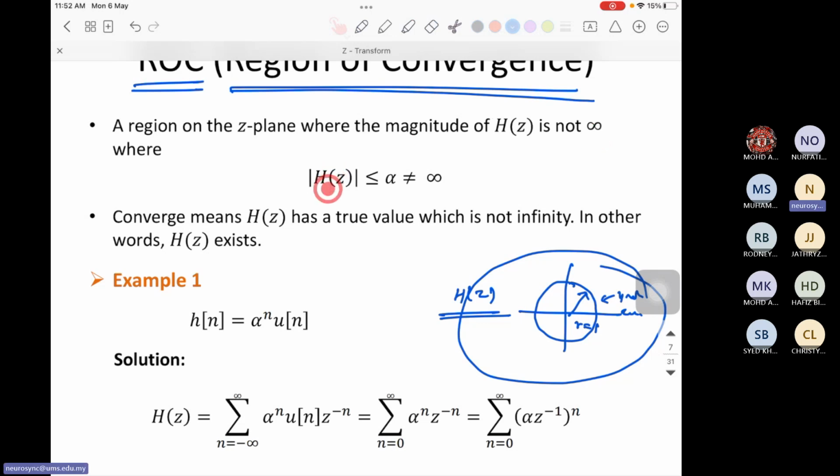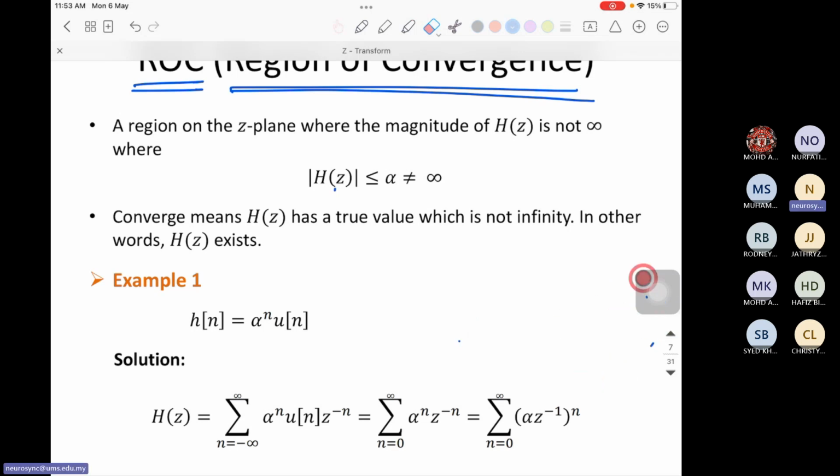So the magnitude of this H of z is less than or equal to this alpha value, which is not equal to infinity. The convergence means this H of z has a true value, which is not infinity. So that is the convergence. This is very important. Now let us take one example on this to understand more.